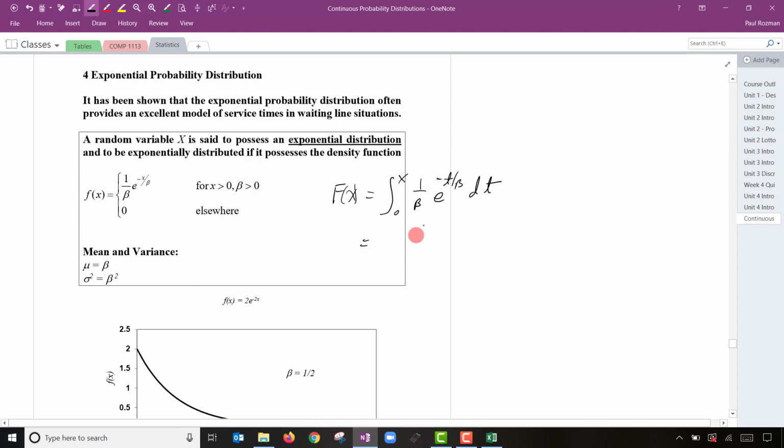So, when you do integration, you could do some sort of substitution, or you could probably just guess. I'm guessing that it's e to the minus t over beta. And then if I were to take the derivative of this, I would get negative 1 over beta in the chain rule. But I want it to be positive, so I'll just adjust it with a minus sign.